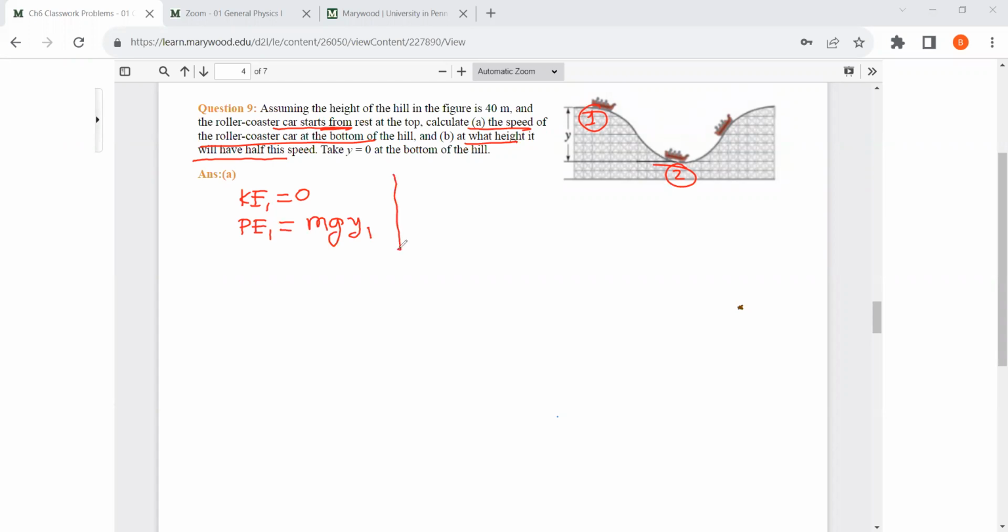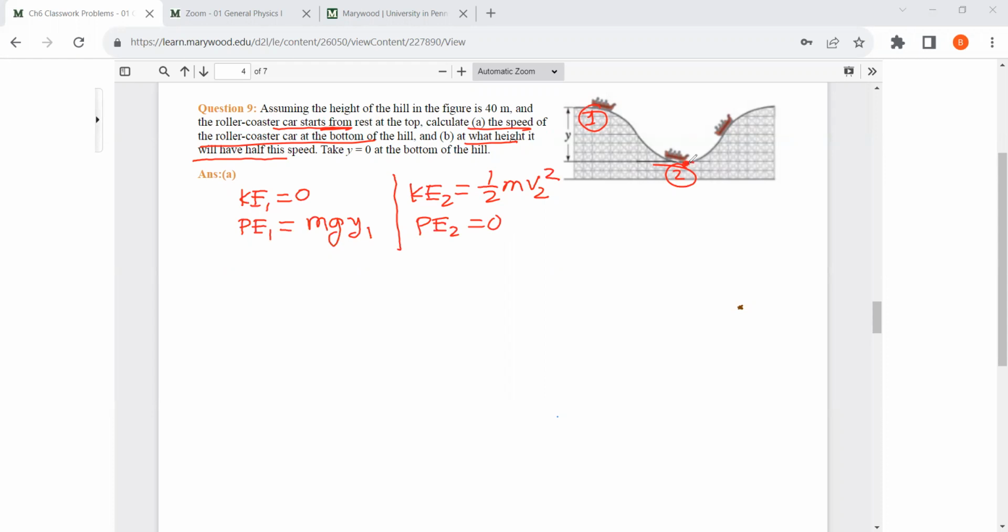And now at position 2, there will be kinetic energy, that will be half mv2 square, but the potential energy at position 2 will be 0, because the height at this point is equal to 0, because we are measuring the height from this position.